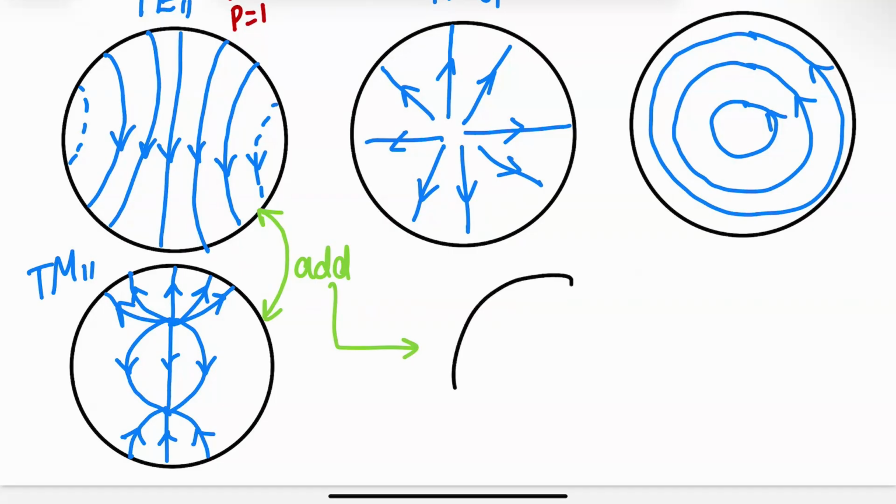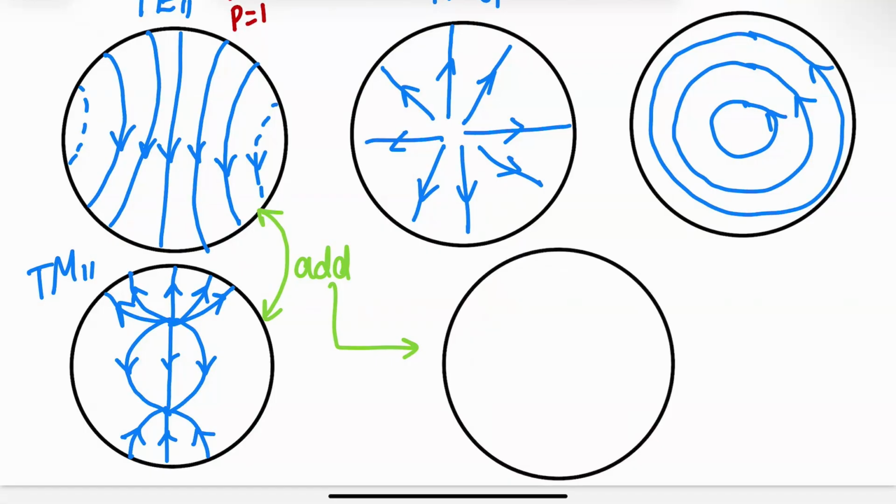That results in a mode which looks like this, right? So over here, this is pointing this way, this is pointing this way, so they cancel out. Even here, this is pointing up and this is pointing down, so they cancel out. Right? So you end up with a mode that actually looks something just like this.